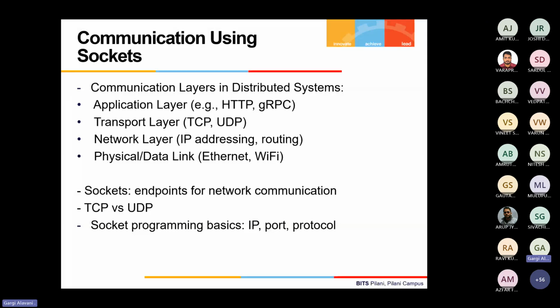Now, to understand how this process communication works, especially using sockets, we have to understand how this communication happens over a network. That is, how each layer in the network plays a role.